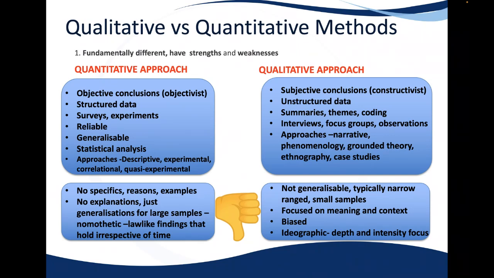So if you have a study with a substantive quantitative element and a substantive qualitative element, and both are utilized in the pursuit of a single aim, then that is what makes a mixed methods study.